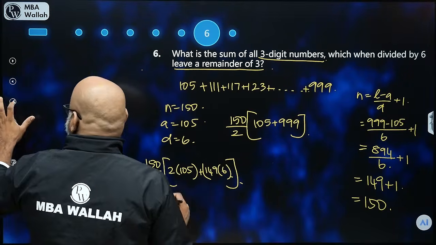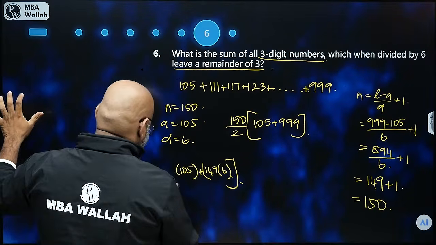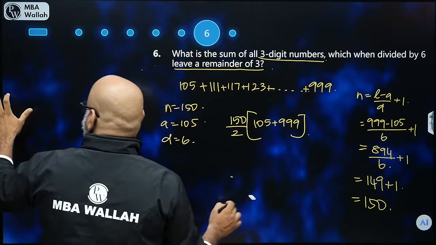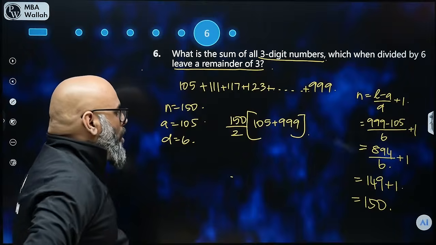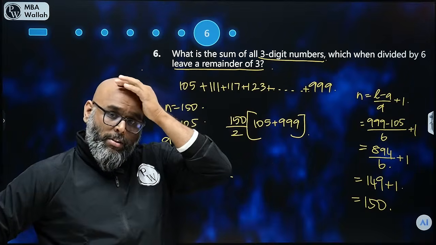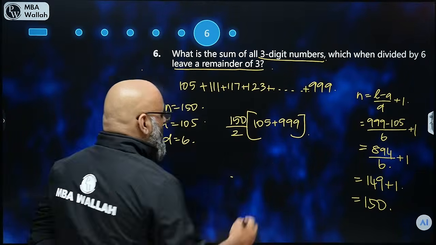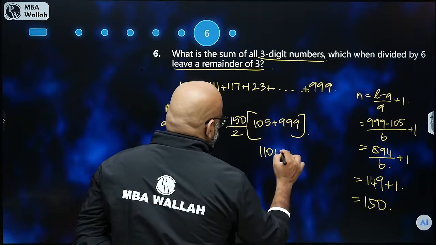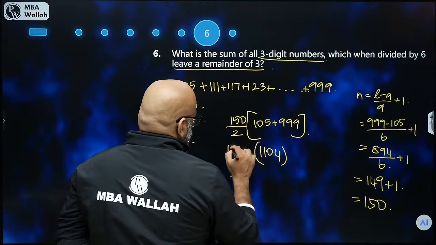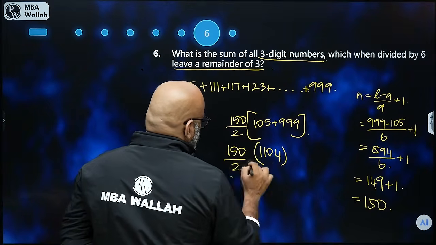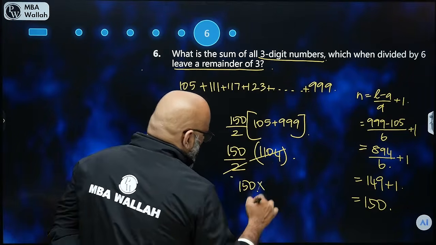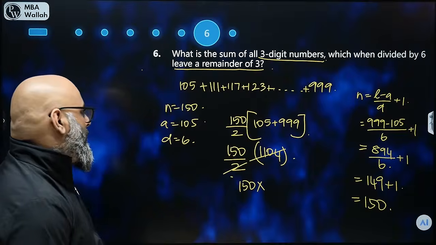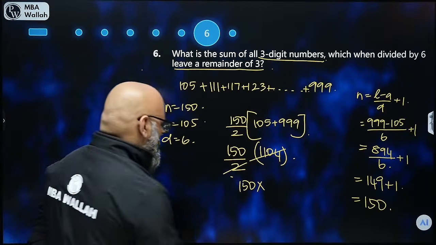So I need some space, I'm clearing this off. So what will I get? Adding these two, 1000 plus 105 is 1105, so this will be 1104. I'll keep the 150 as it is, cancel this out, so 150 into 552, I think this is 552.